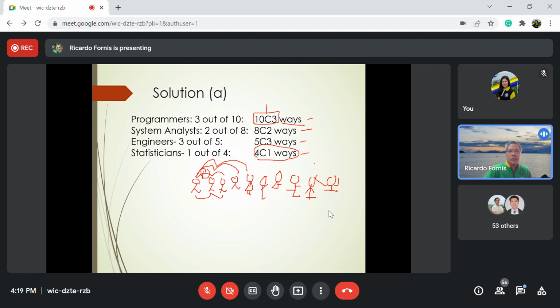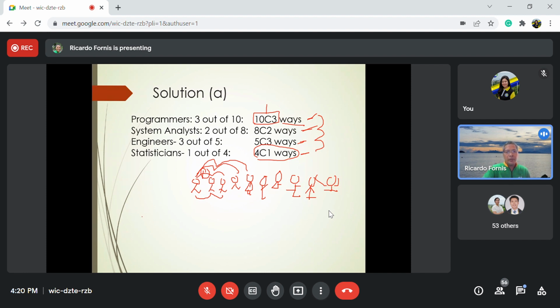Simultaneous or successive meaning you choose first 3 out of 10, then next you choose 2 out of 8, then you choose 3 out of 5, and you choose 1 out of 4, and then you form the team.